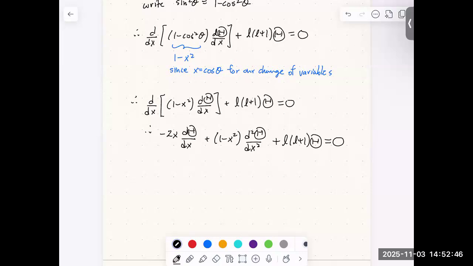Okay, so Legendre's differential equation. This is the m equals 0 case that we're not working on, but if we took the m equals 0 case of ours, it would lead to 1 minus x squared d2 theta.